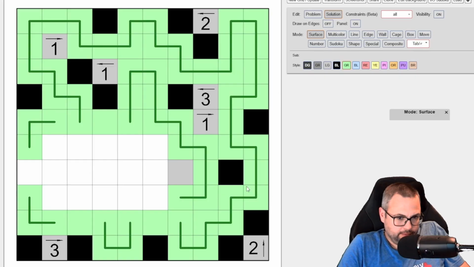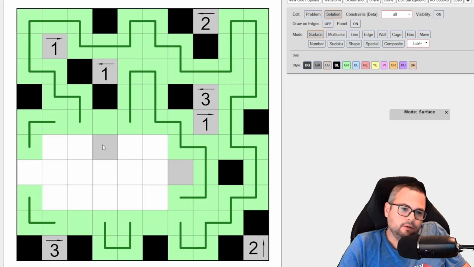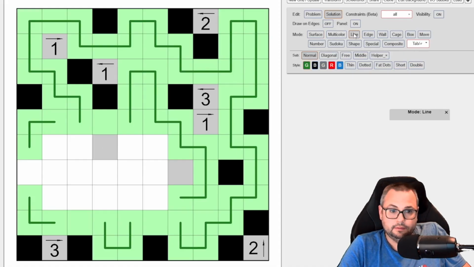Now, of course, what I would really like is to force these two to tie together. Maybe another clue here. Pull that across there, pull this down here, pull that down there.